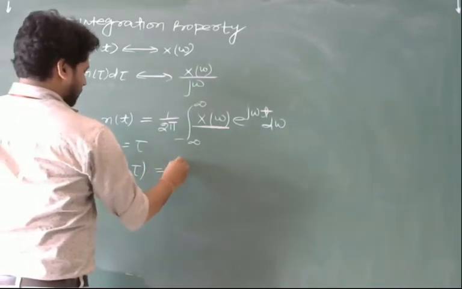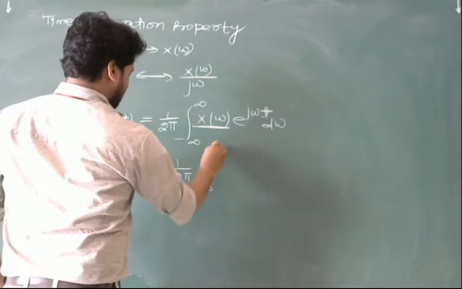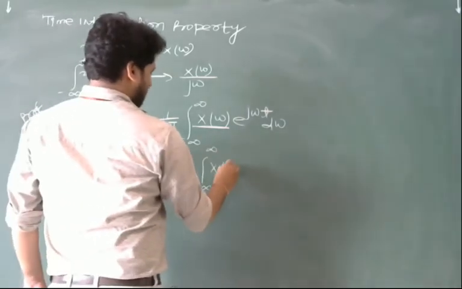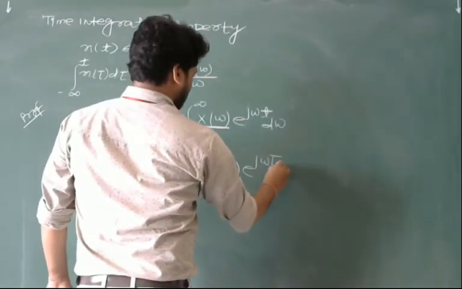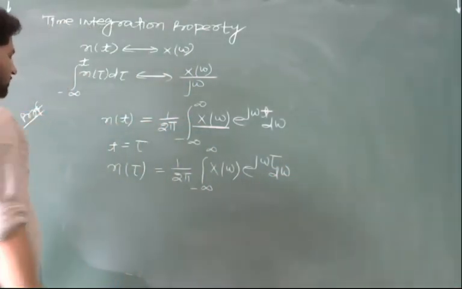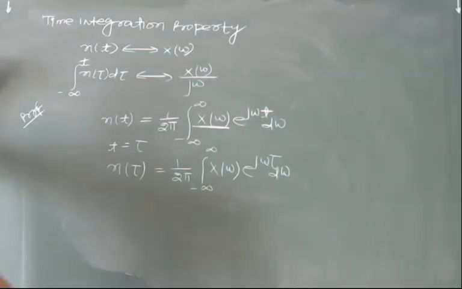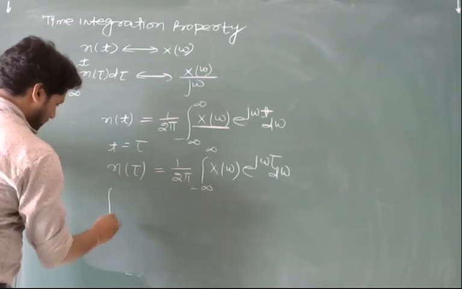This will become x of tau equal to 1 upon 2 pi, integral from minus infinity to plus infinity, X of omega e power j omega tau d omega. Now integrate this function with respect to tau, with limits from minus infinity to t.